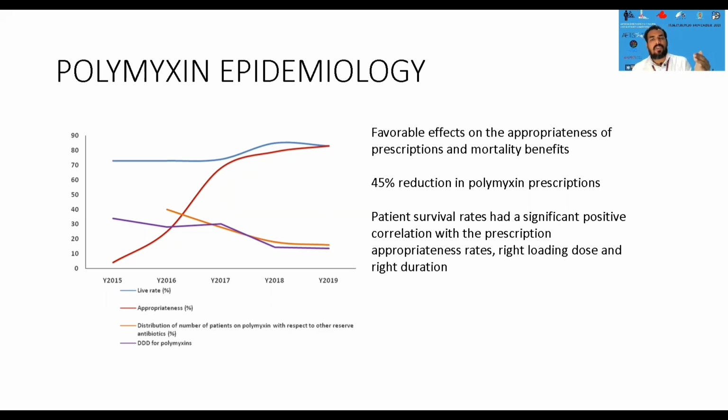So when there is a reduction in polymyxin prescription, whatever prescription we had given was for the right indication, and all the 5 Rs were satisfied, because of which there was a favorable outcome in terms of mortality.